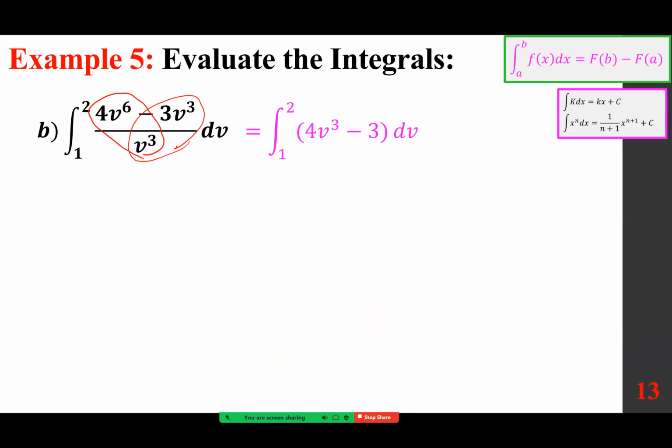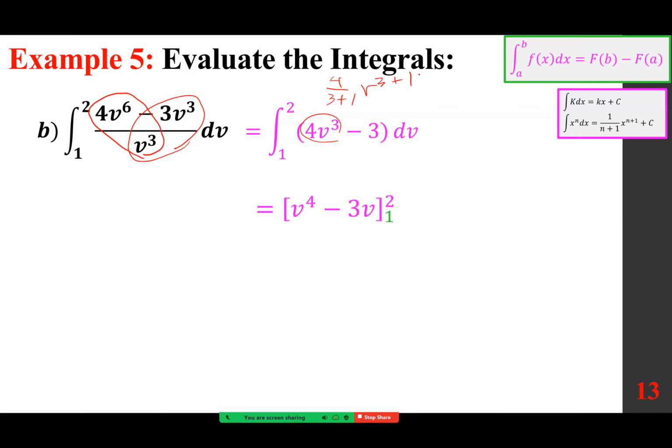So it makes it easy to integrate. So we get v to the power of 4 minus 3v. We don't need the constant. We're going to evaluate it from 1 to 2.